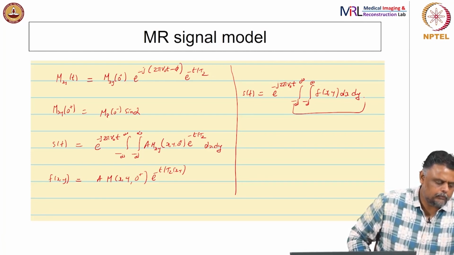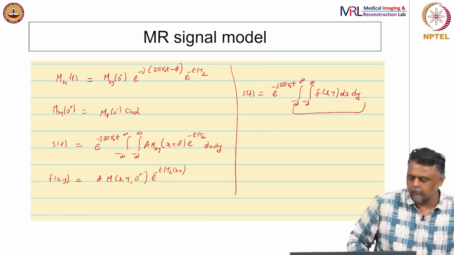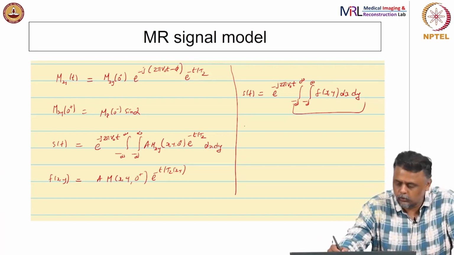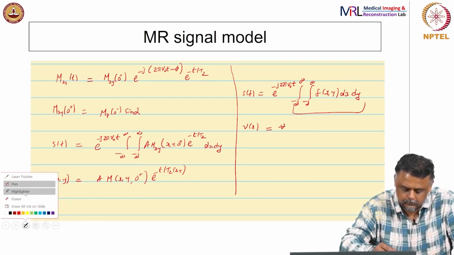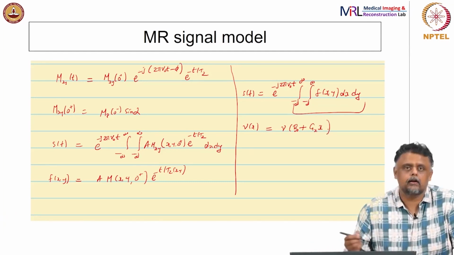So, the way to do that would be to apply a gradient along the x axis. What happens if you apply a gradient along the x axis? The gradient along the x axis would correspond to your Larmor precession frequency being changed the following way. Gx is the strength of the gradient along x.